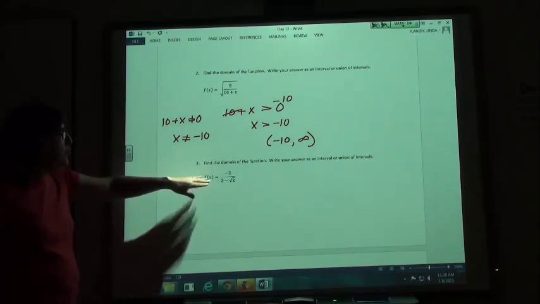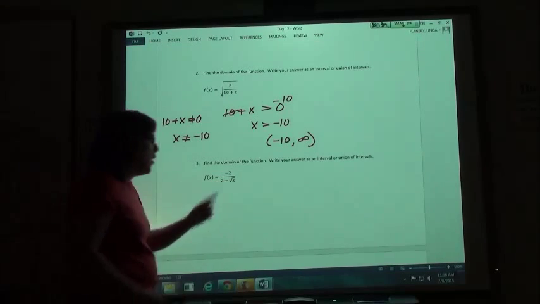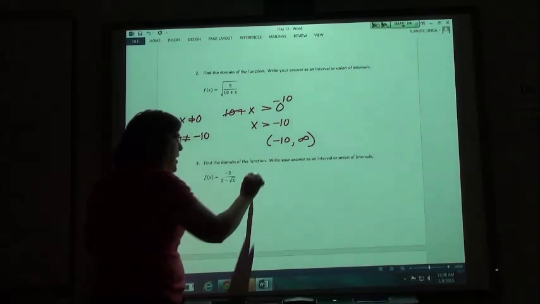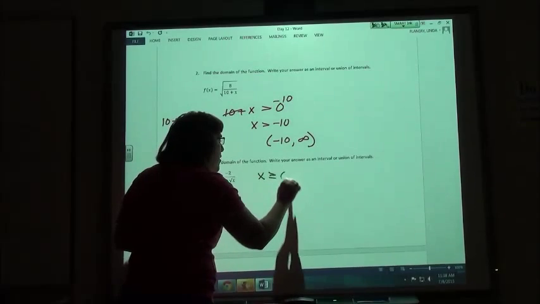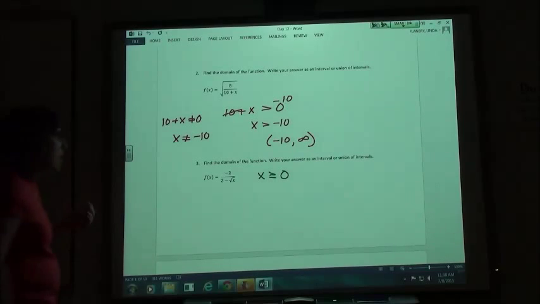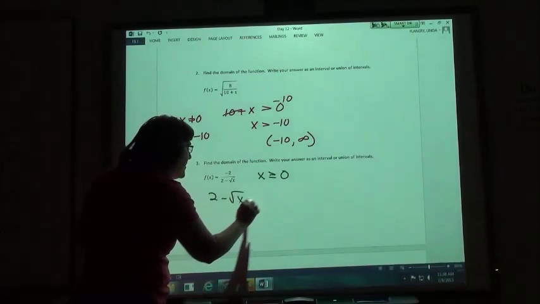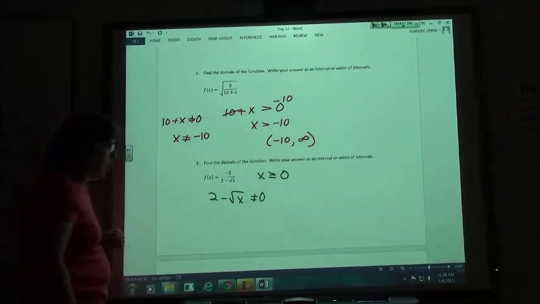Now here on this one, we've got that square root underneath the fraction. First of all, because of the square root, x has to be greater than or equal to 0, right? We can't have a negative underneath our square root. We also know that 2 minus the square root of x cannot equal 0.